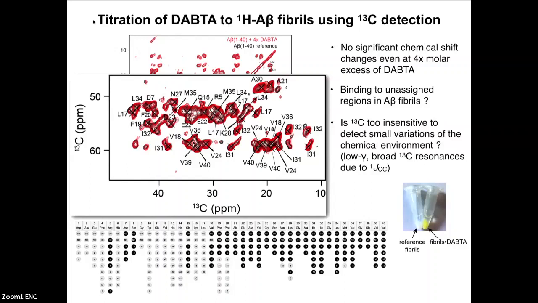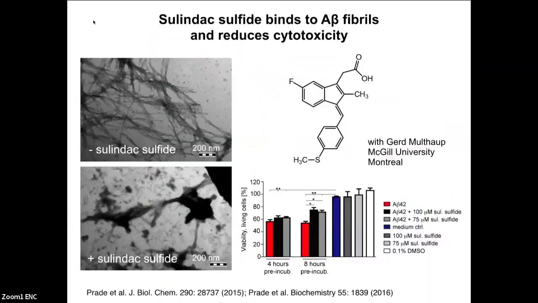And at this point, before I show you the proton detection experiments, I wanted to show you some reference experiments that we did a few years earlier with this sulindac sulfide molecule that we investigated together with Gerd Multhaupt from Montreal. This is a molecule that rescues cells from the neurotoxicity that is exerted from the A-beta fibrils.